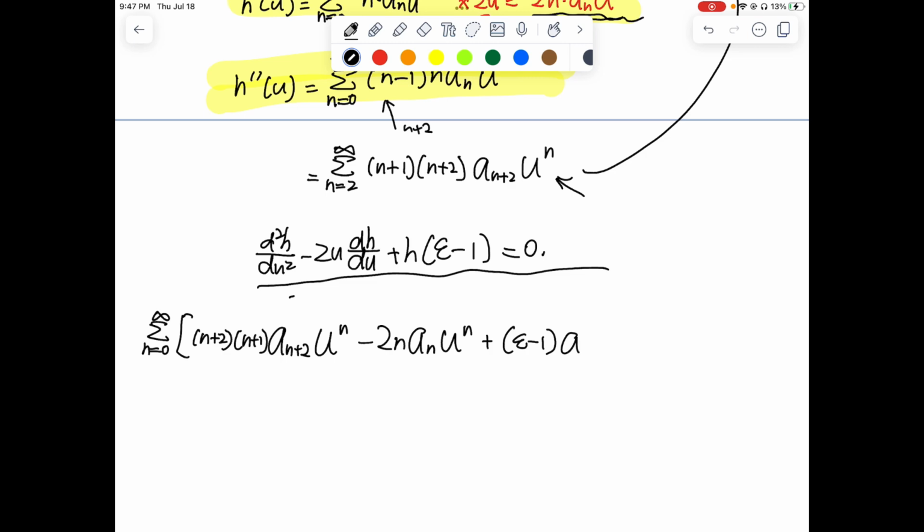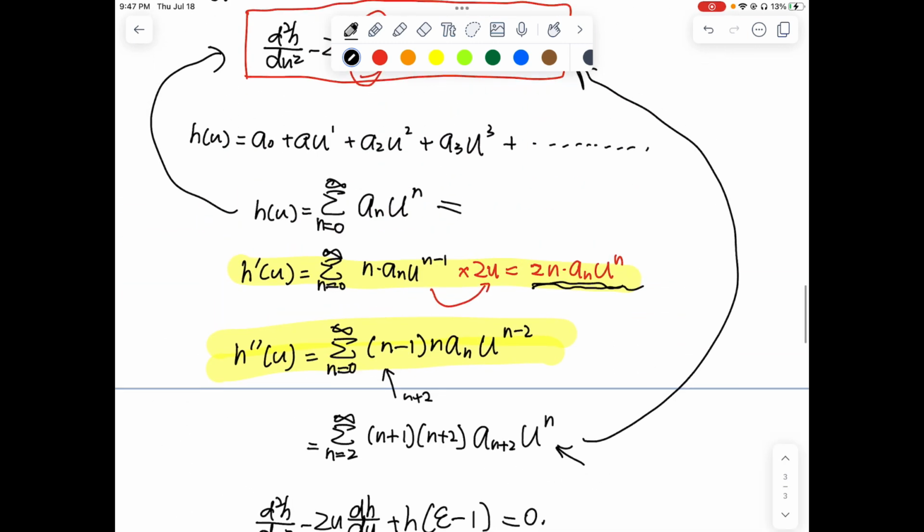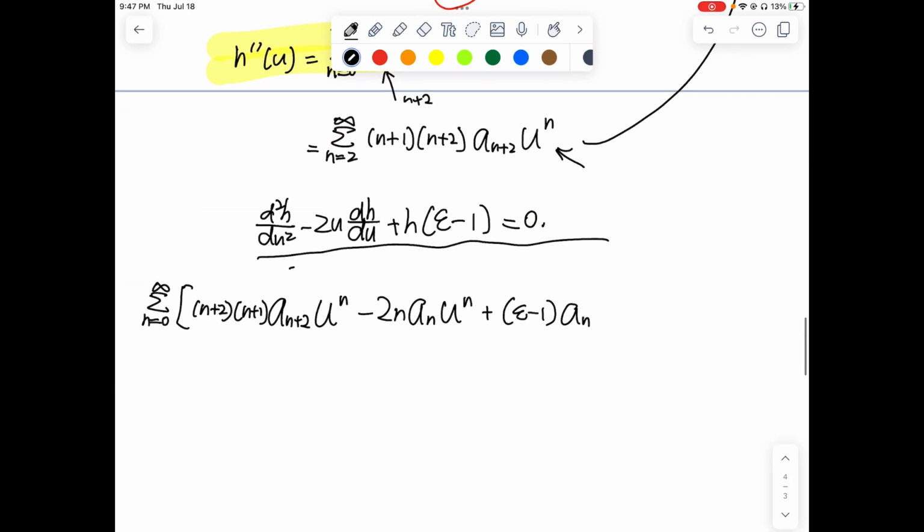Remember we said h is just a n u to the n. And this whole thing should equal 0.